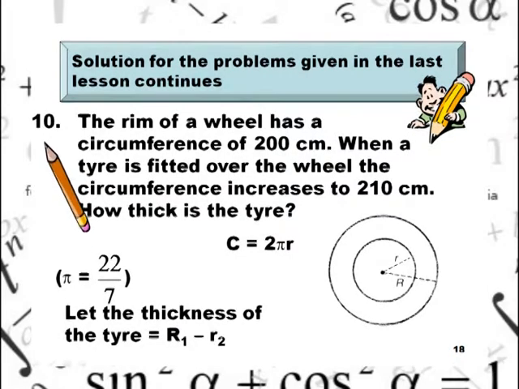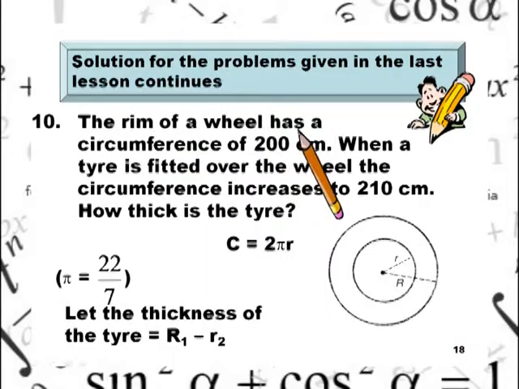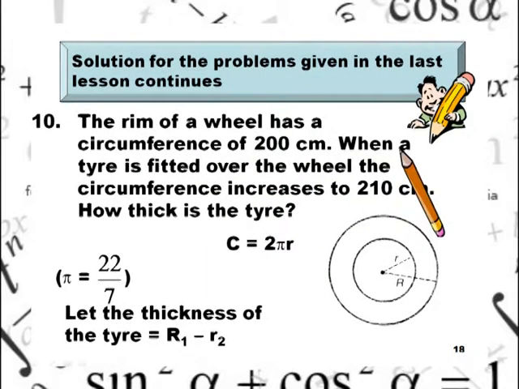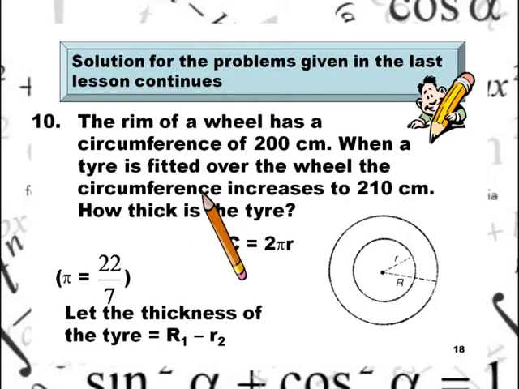Question 10. The rim of a wheel has a circumference of 200 cm. When a tire is fitted over the wheel, the circumference increases by 210 cm. How thick is the tire? Circumference C equals 2 pi r.